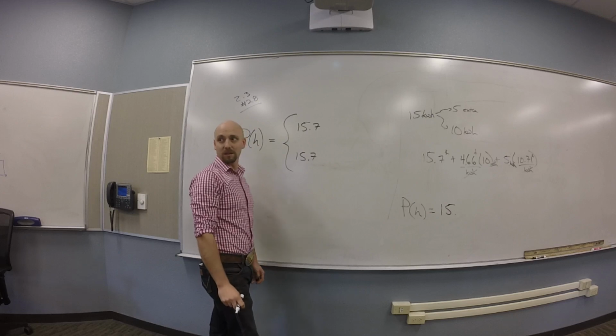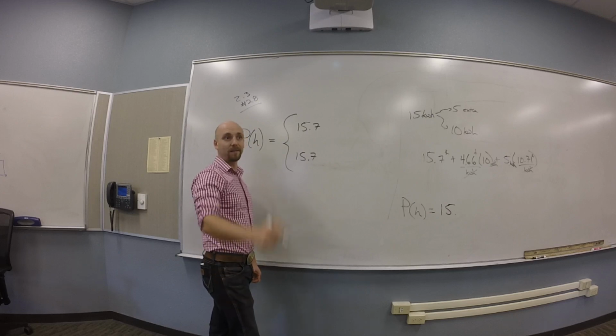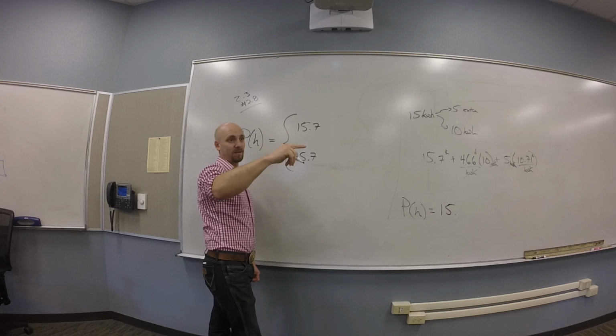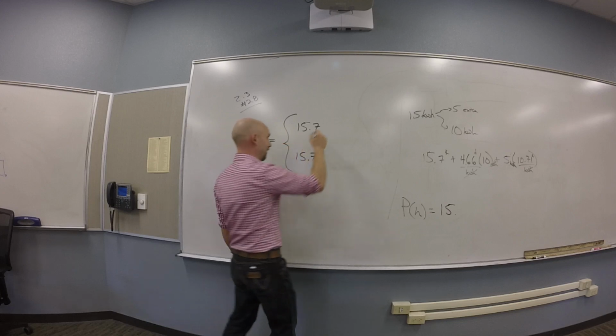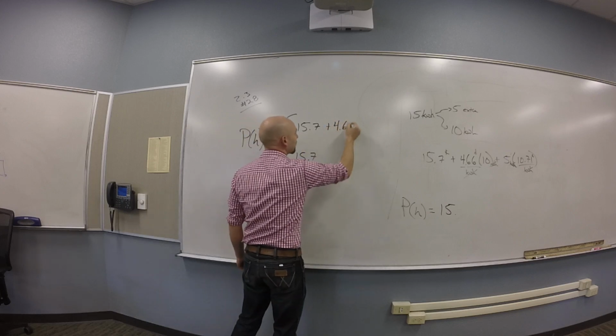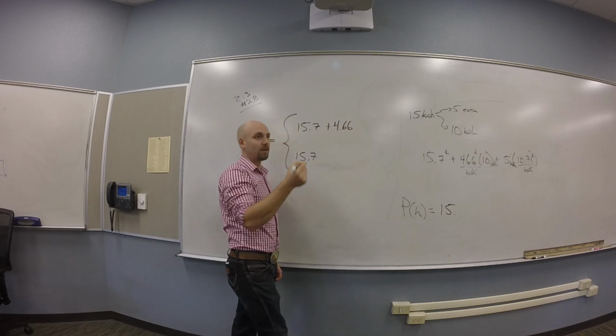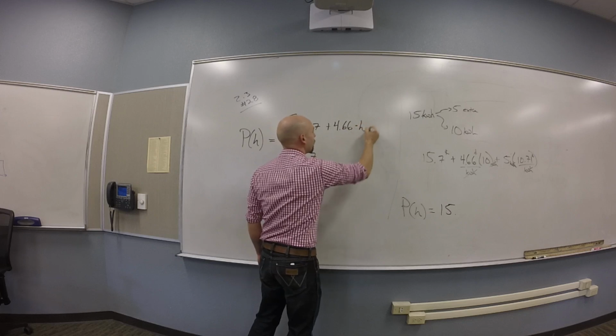What else you got? On the top one, per extra hour, it's 4.66 cents. So you're adding 4.66 cents per hour, so times H. And you need to multiply that number by H, right?